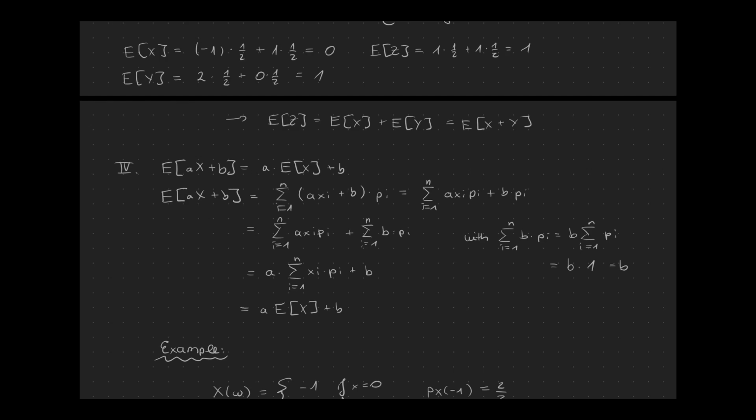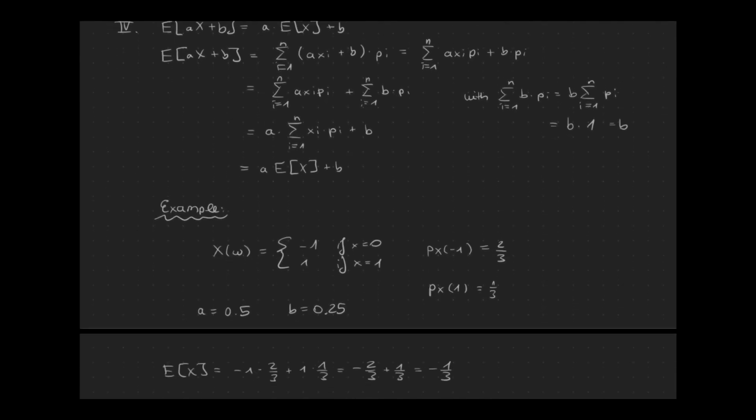And we note that in the sum over b times pi, we can extract b out of the sum, and the sum over pi over all possible values is of course 1. And so this is equal to b. So the whole expression is equal to a times the sum over xi times pi plus b, and this is equal to a times the expectation value of x plus b, right? So indeed, this is what we wanted.